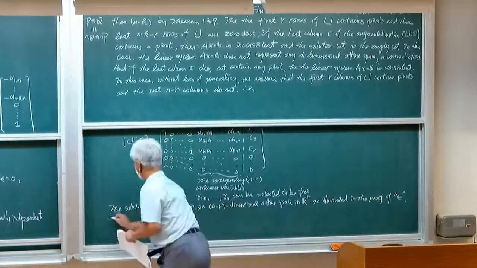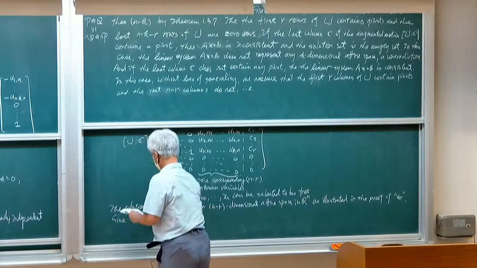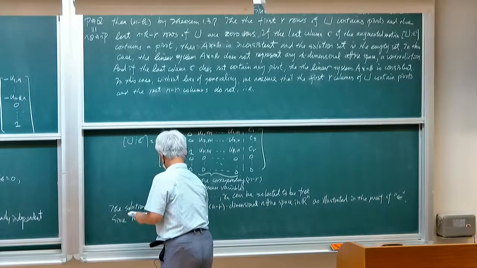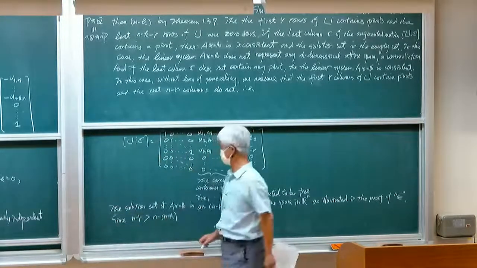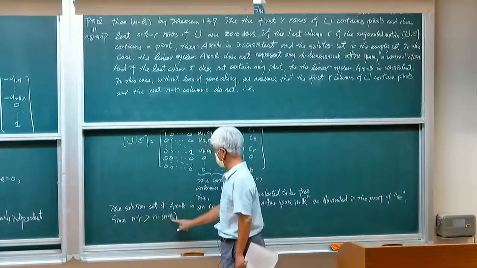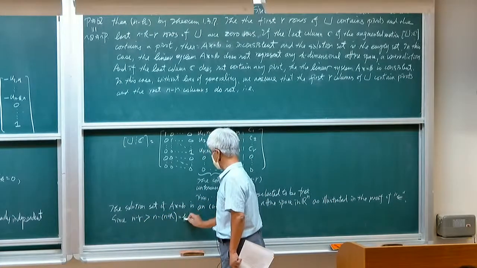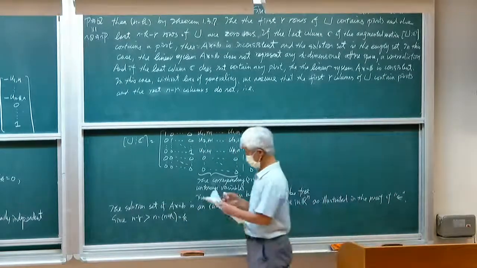Now, since r is less than n minus k, n minus r is greater than n minus k, which is equal to k. So n minus r is greater than k.